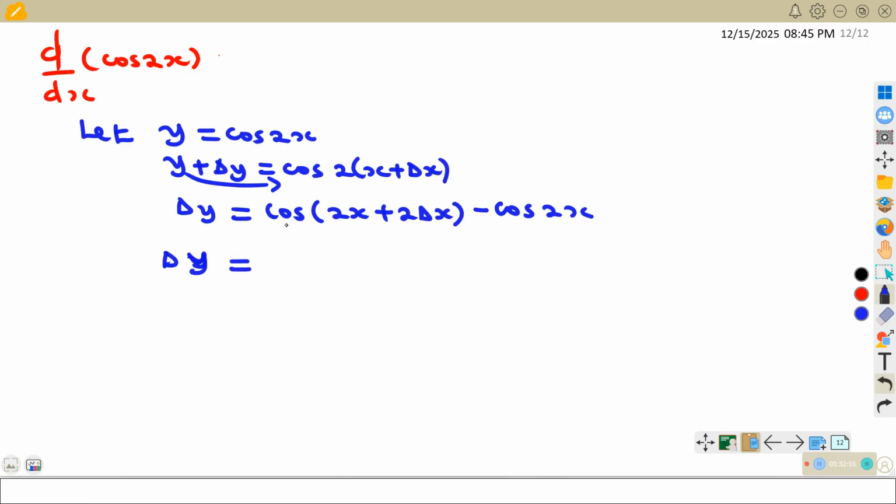someone to remind us what is the factor formula when you are dealing with cos minus cos. This should be easier now.